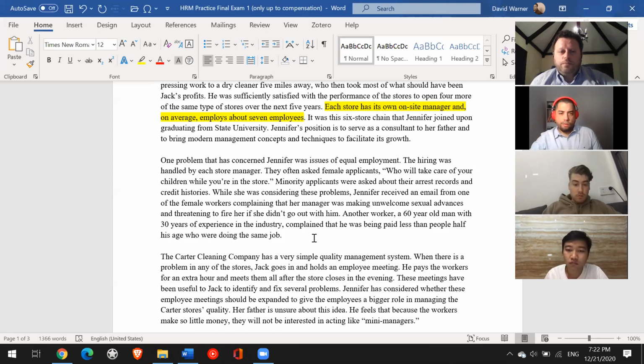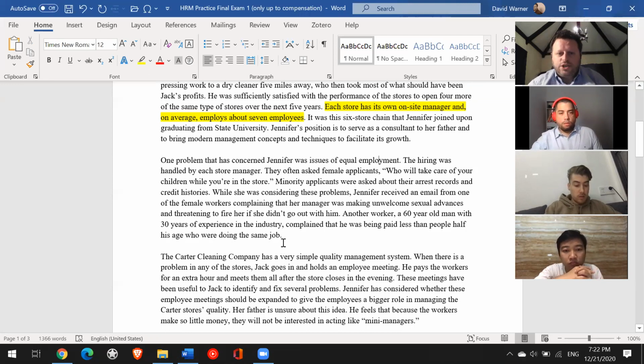Another worker, a 60-year-old man with 30 years of experience in the industry, complained that he was being paid less than people half his age who were doing the same job. So now we have some issues.